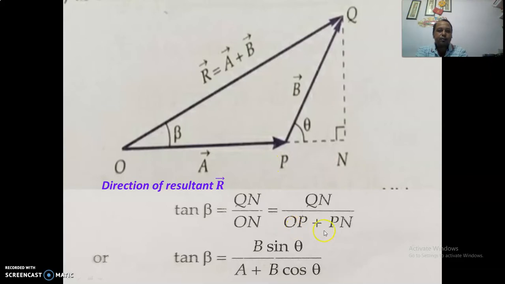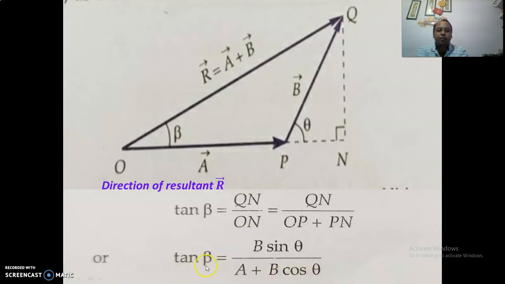QN we have already mentioned in the previous slide: QN is represented by B sin theta, and in the denominator OP is the magnitude of vector A, and PN is represented by B cos theta. So instead of PN we write B cos theta. So tan beta is equal to B sin theta divided by A plus B cos theta. That's how we calculate the value of beta.